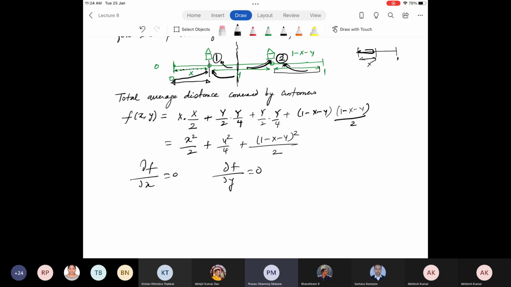How much do you get? Tell me. Just solve it and tell me what numbers you have got.